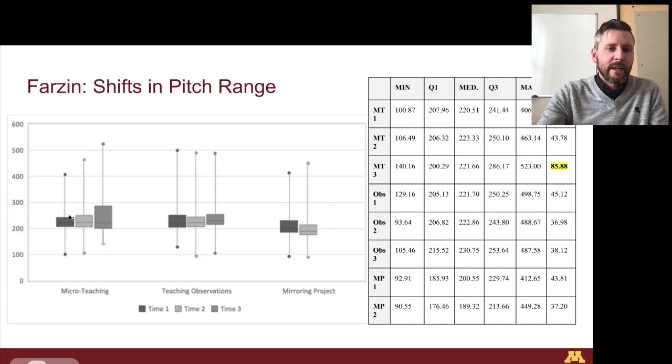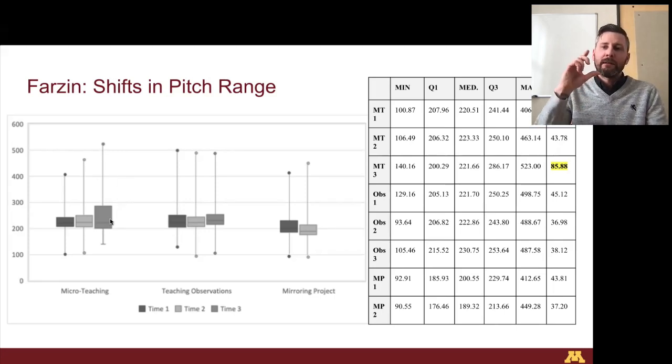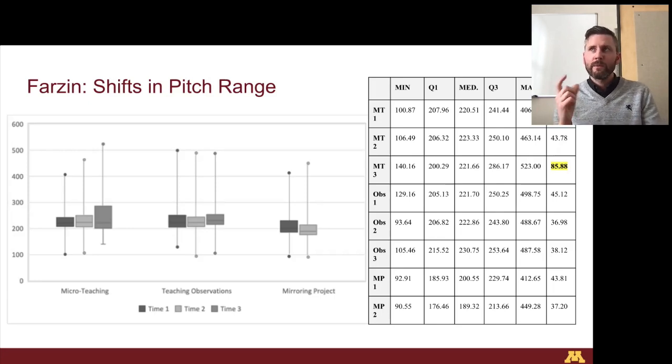So the minimum and maximum values are represented at the ends of these whiskers for the box and whisker plots. And then the box represents the range from the first quartile, the 25th percentile, to the third quartile, which is referred to as the IQR or interquartile range. The reason why it's important for me to stress this point is I'm looking at variation in pitch.